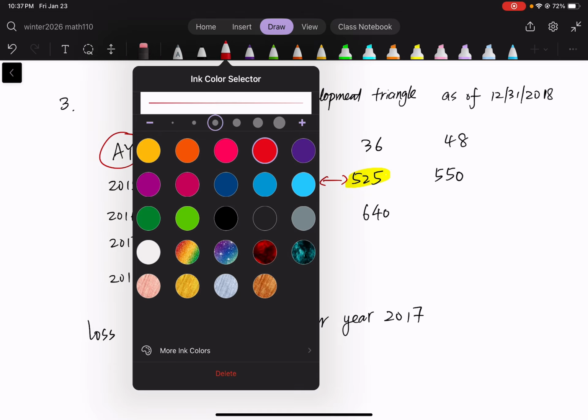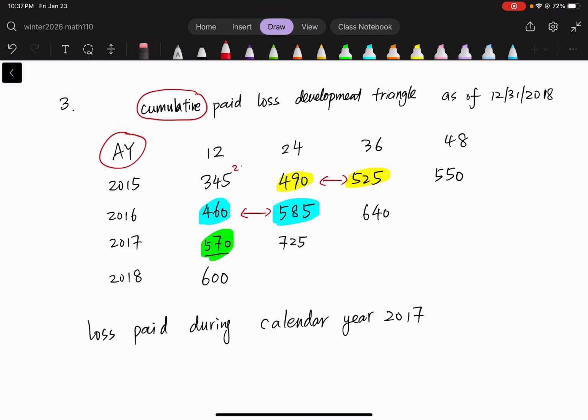If I give you a little bit more label, this is what you paid out in 2015, this is what you paid out in 2016, 2017, 2018, cumulatively, and the difference gives you that particular calendar year.